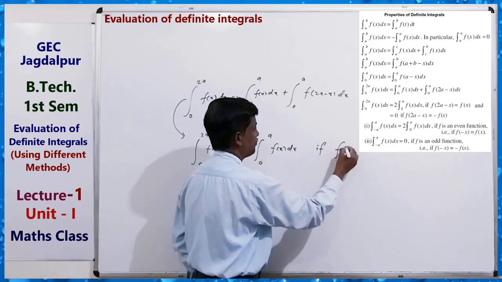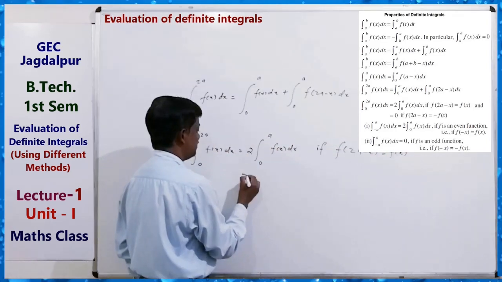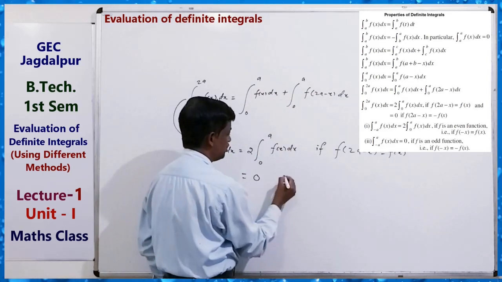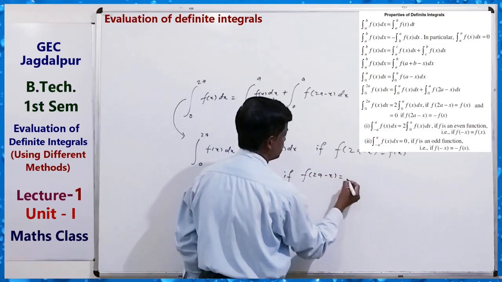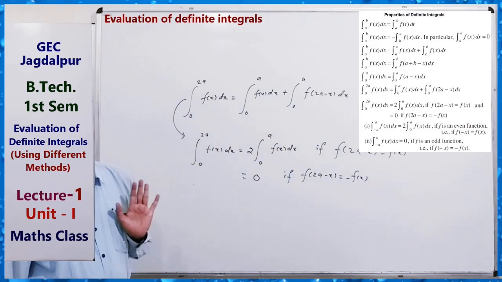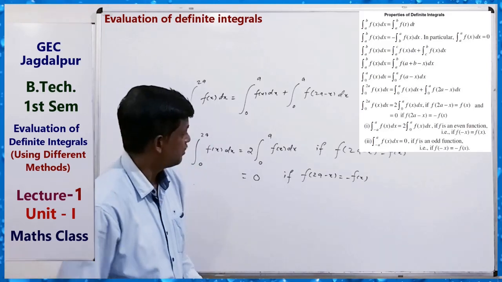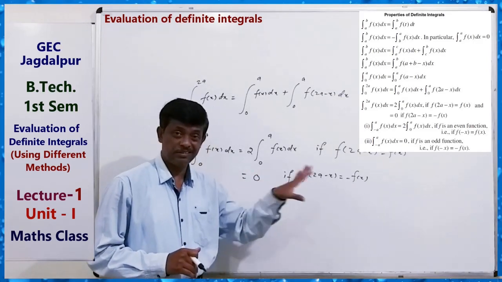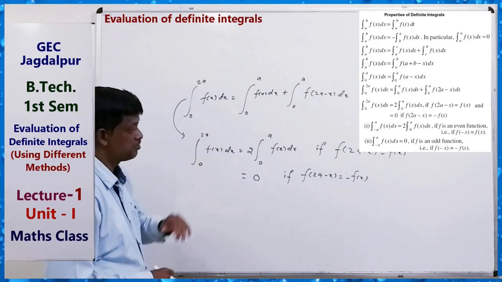And if f(2a minus x) equals minus f(x), then this will cancel and be 0. This is also a very important property. For solving definite integration the limit is our choice, so for changing the limit from 2a to a, we can use this formula.